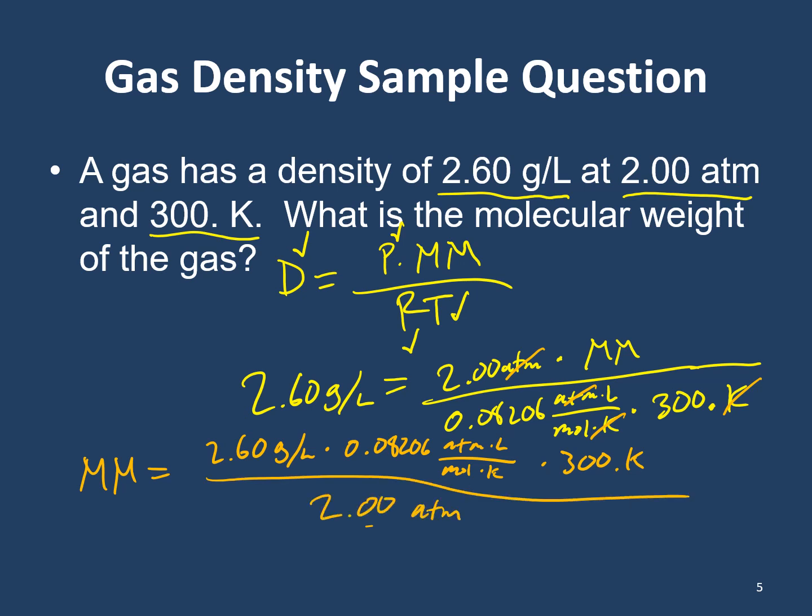And if we look at what's left unit-wise, again, liters are going to cancel here, Kelvin are canceling there, atmospheres are canceling here, and what we're left with is grams over moles. This will get us a molar mass of pretty much 32.0 grams per mole. And there you have it. Okay, so if you have any questions, please let me know via Zoom or email.